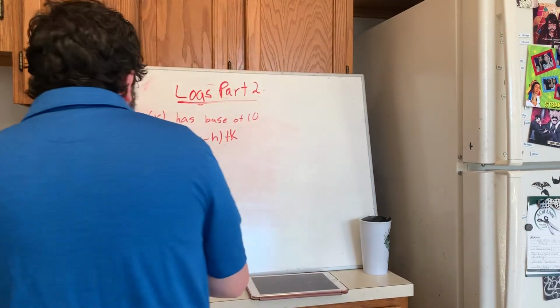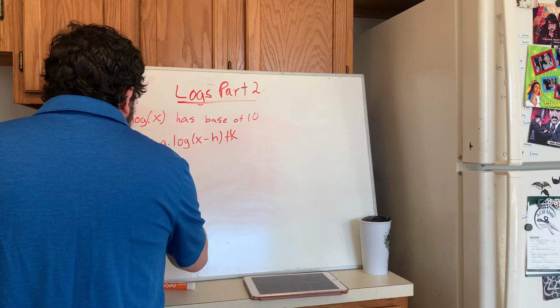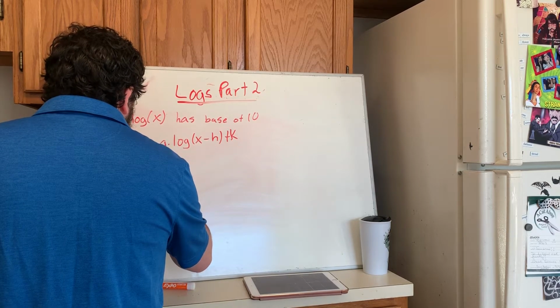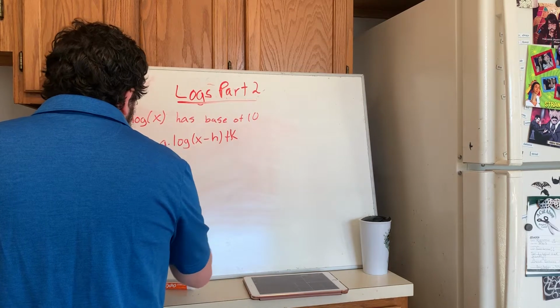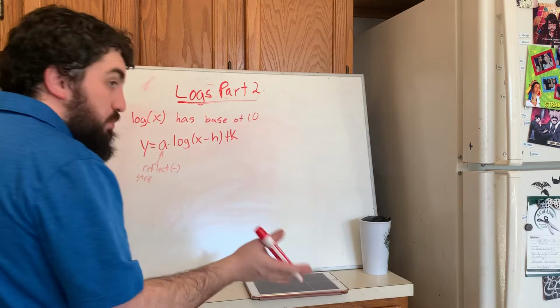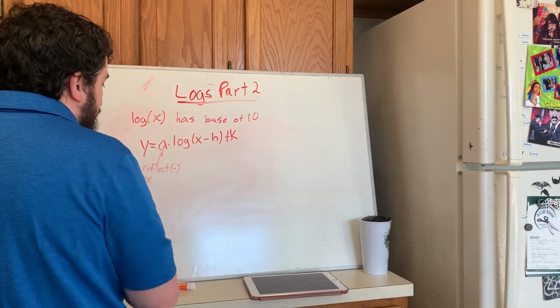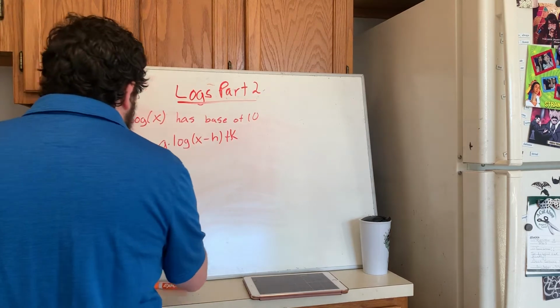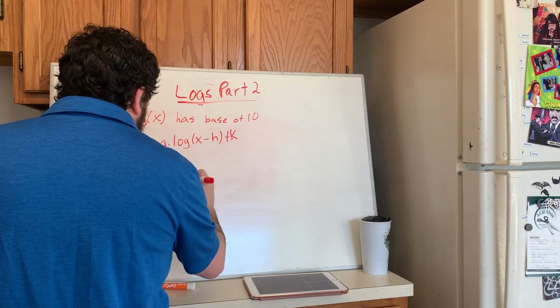So a is a little odd. A will either reflect, stretch, or compress. It stretches when the number's bigger than 1. It compresses when it's between 0 and 1. If it's negative, it flips it over.